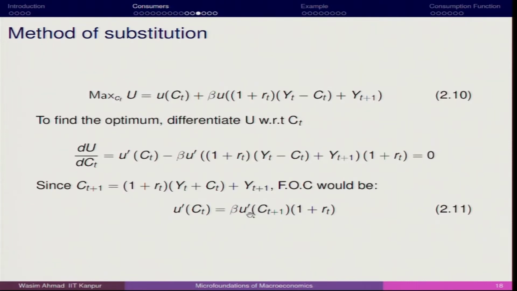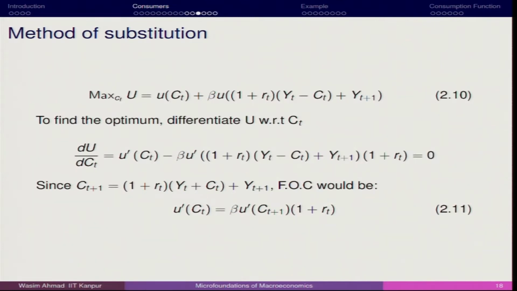So, what is the condition that we are getting? Here we are getting the condition that the marginal utility of current period consumption is equal to beta times the marginal utility of future consumption, and it is also multiplied by the rate of return that he is going to get when he is saving some amount of income in the current period, which he is going to get in the future period.